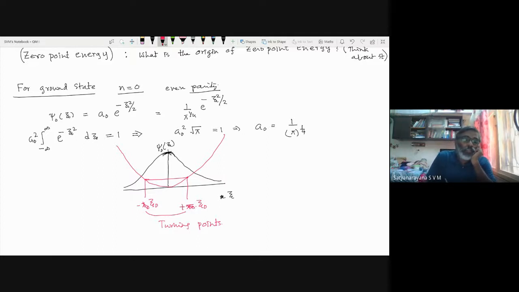But notice that in quantum mechanics, modulus psi of xi squared is not 0 for xi greater than xi naught and xi less than minus xi naught.